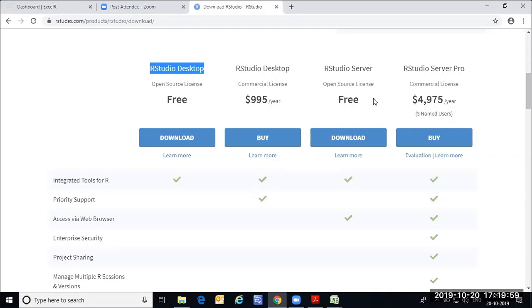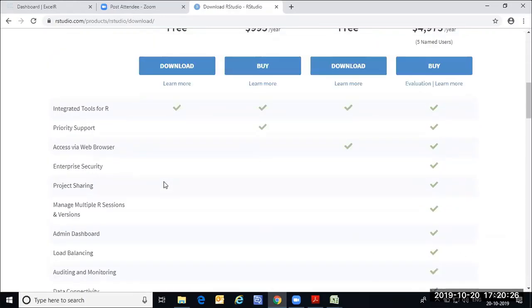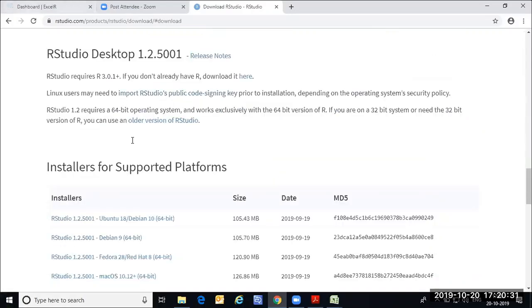Of course, there are designated features that come along with the server version, but unless your environment demands it and is set up like that in the organization you're going to join, you don't need to go for the server version. Just click on the download with the free version. You can look at what features come along with it. Just click on this link.